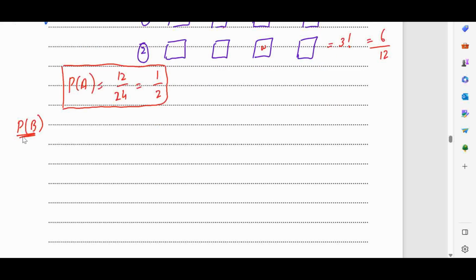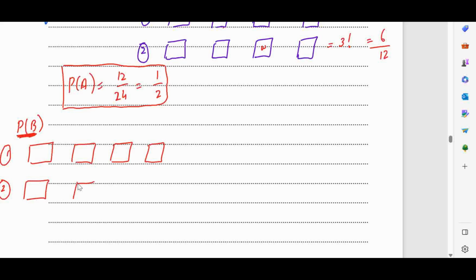Now for event B, what we can do is first let's find out the cases and build the boxes over here. Let's see that we can have 4 boxes: 1, 2, 3, 4. This will be the first case as we have done in the previous one.